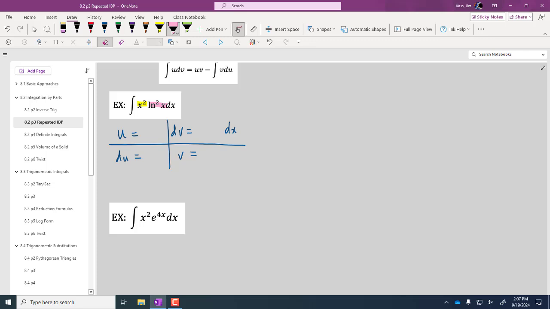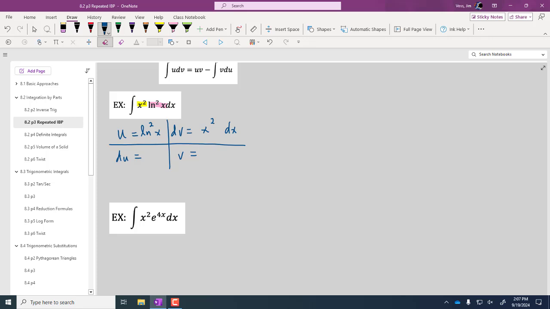That's going to be a very difficult integral. So most likely what we're going to want to do is that and that. Natural log all by itself is hard to integrate. If it's natural log squared, that's going to be an integration by parts all by itself.